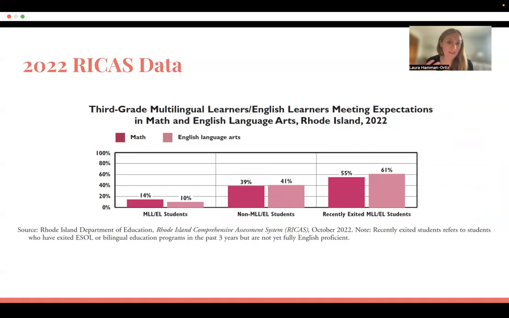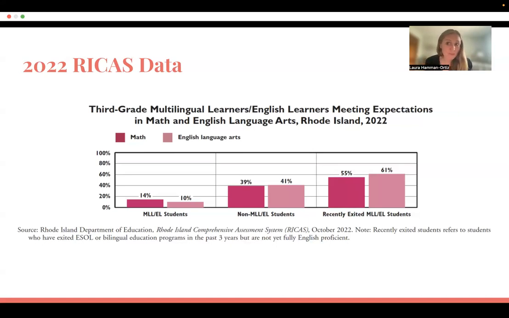They're outperforming, and some of that is because some of these students have been in bilingual programs, and we know how that supports their learning, having a base in their first language that they're then building upon as they're learning a new language, as they're learning English. But this is a really important data point, right? Now we can see, wow, students are successful as they continue to move. Obviously, there's still only 55% and 61% who are meeting expectations.